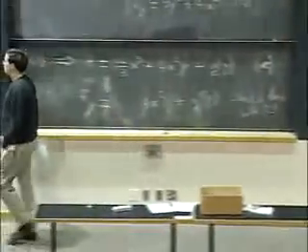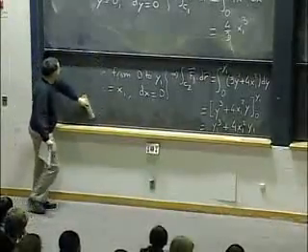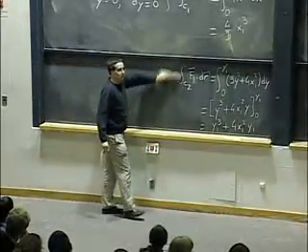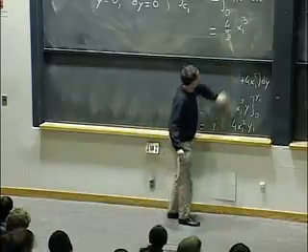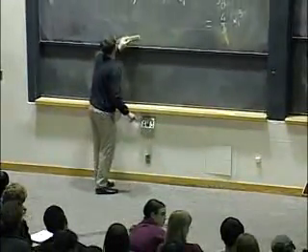Now let me introduce a quantity that probably a lot of you have heard about in physics that measures precisely failure to be conservative. That's called the curl of a vector field.